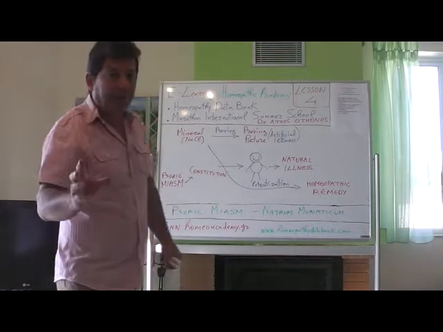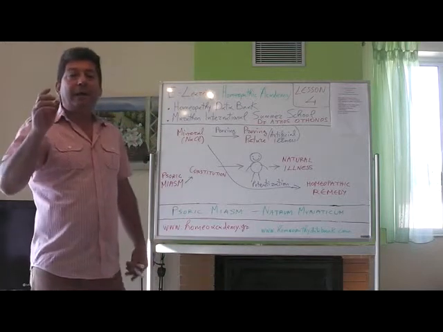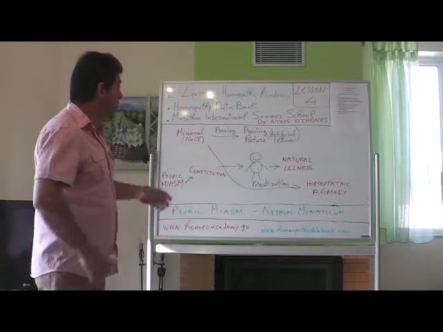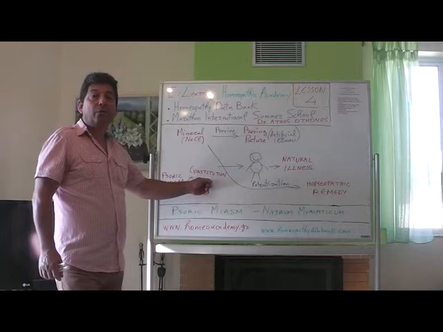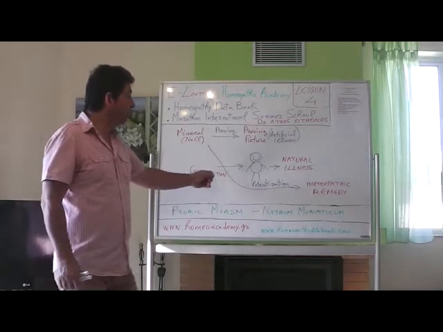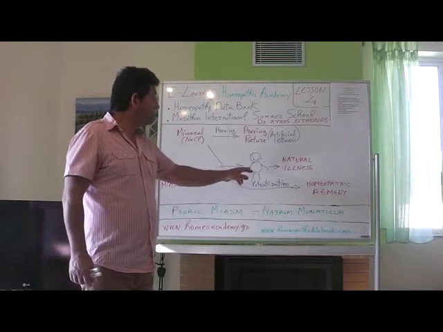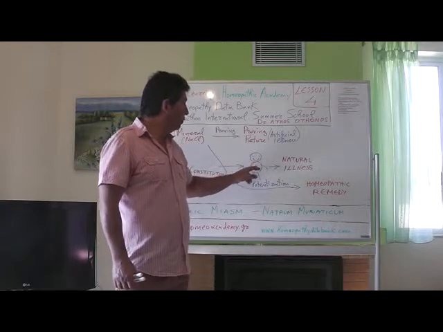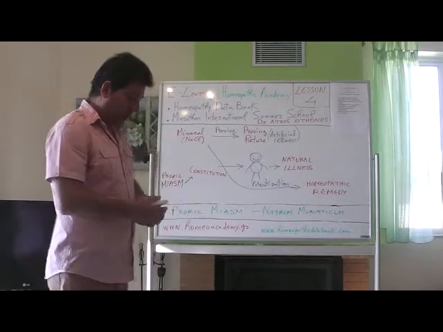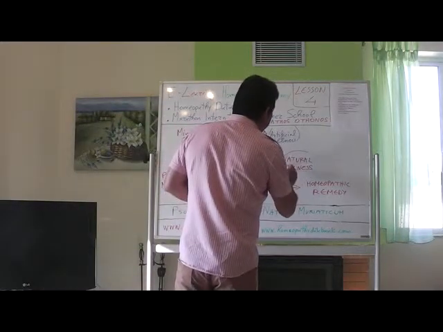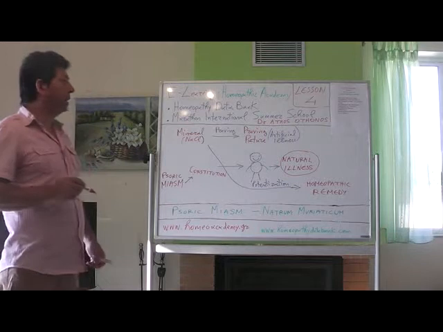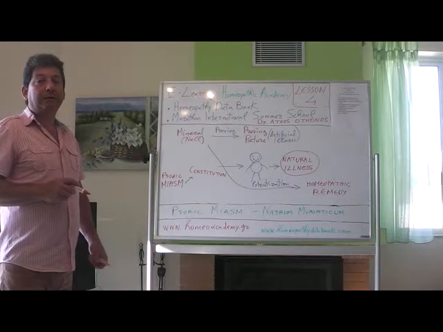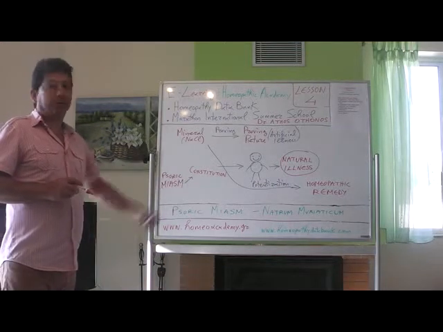So, when we describe the characteristics of a certain constitution, we talk about the characteristics of the constitution Natrum Muriaticum. We talk about the constitutional effect, the natural illness of the patient Natrum Muriaticum. So, this is what we describe when we analyze a certain constitution.